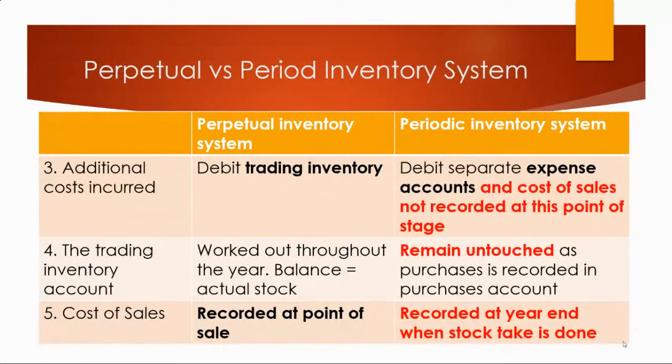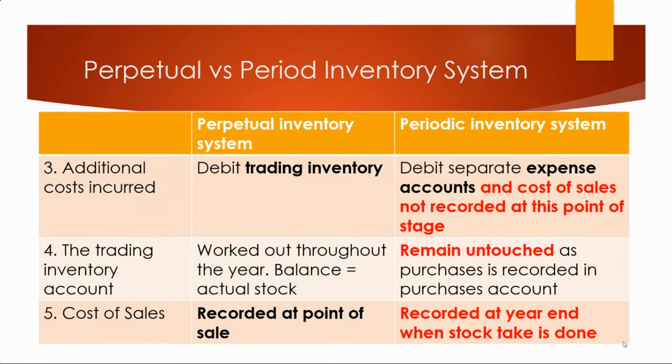Then any additional costs incurred, so under your perpetual inventory system, those additional costs also get taken to trading inventory, as long as those costs bring that product to its current condition and location in order to sell it. Otherwise it will go to the normal expense account. Whereas under the periodic inventory system, we take it to the individual expense account.